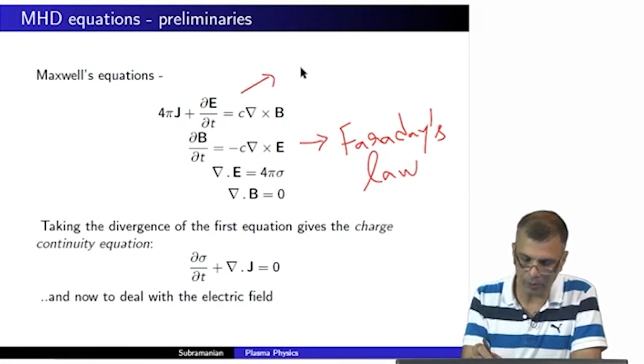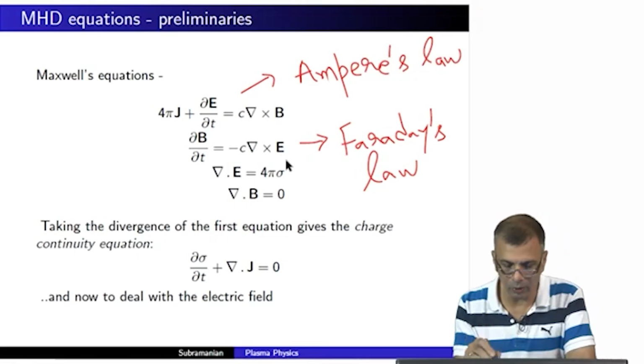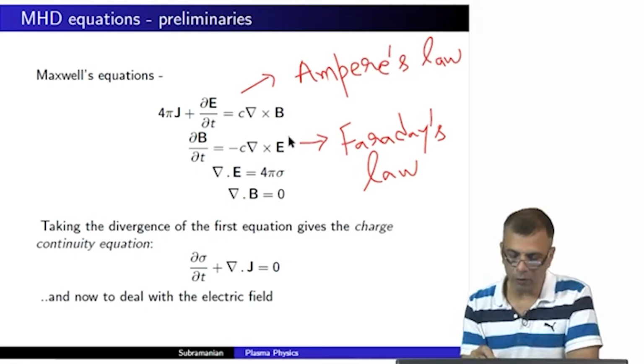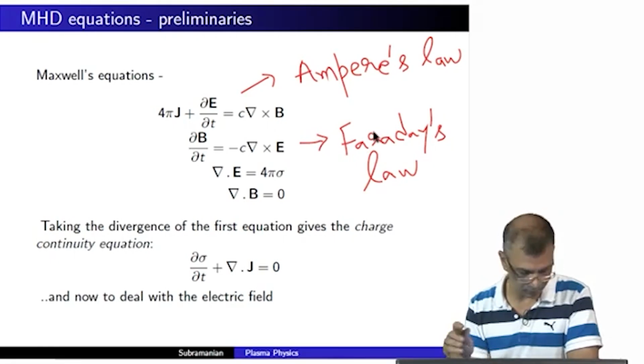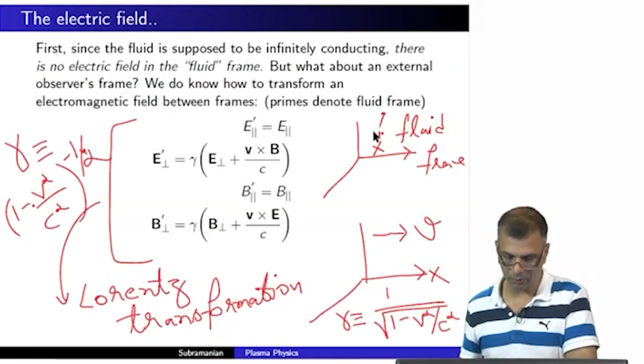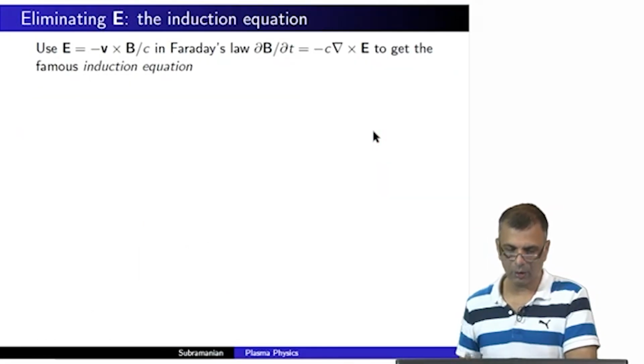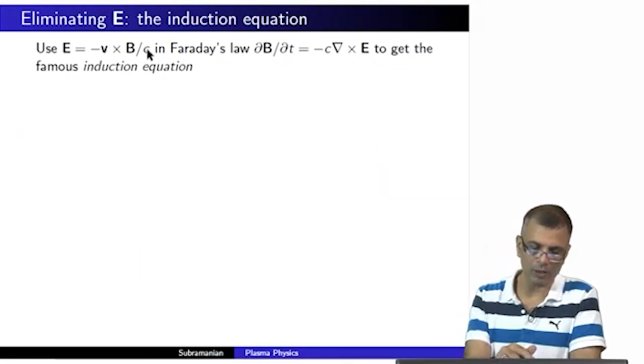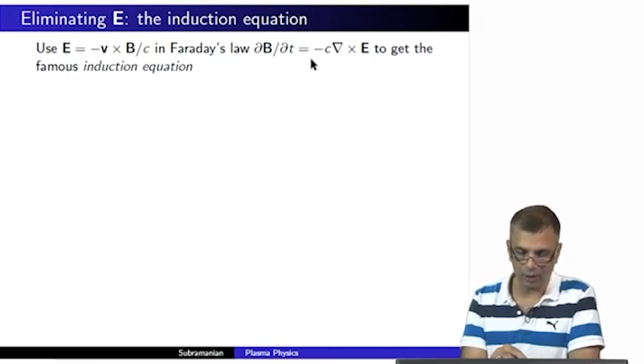And this is Ampere's law. Right. So what we are going to do now is substitute for the E that we found inside Faraday's law. So we are going to use E equals minus V cross B over C in Faraday's law, right.